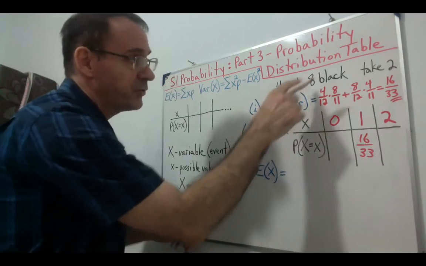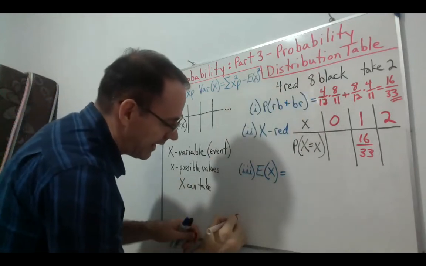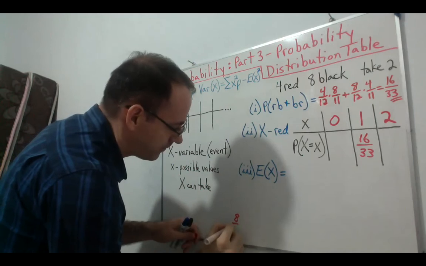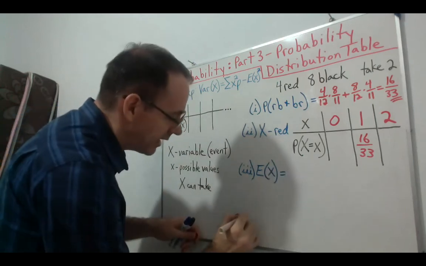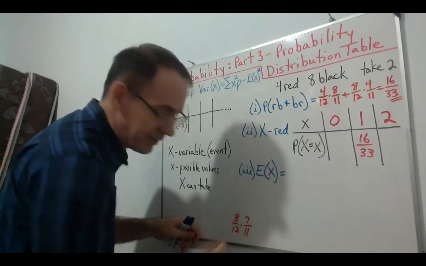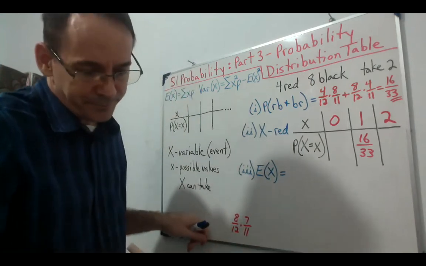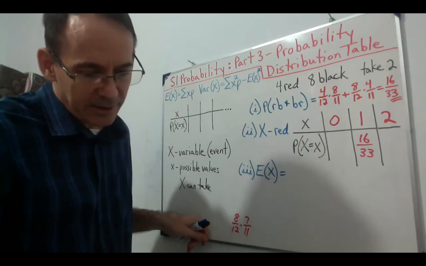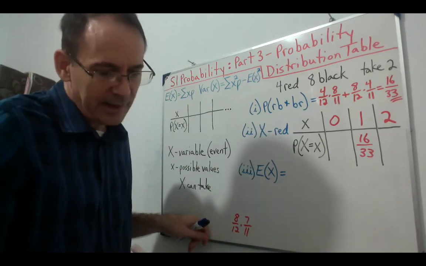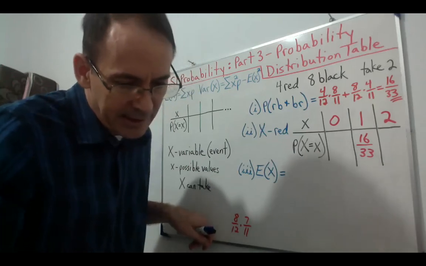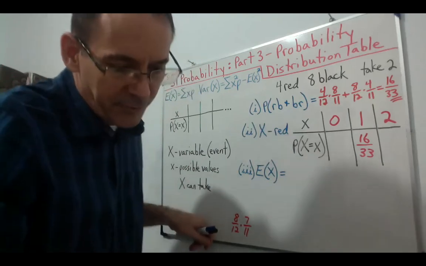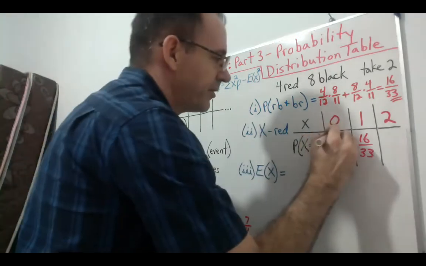If the first one was black, that would be 8 out of 12. And if the second one was also black, that would be 7 out of 11. So 8 out of 12 times 7 out of 11, you're going to end up with 14/33.